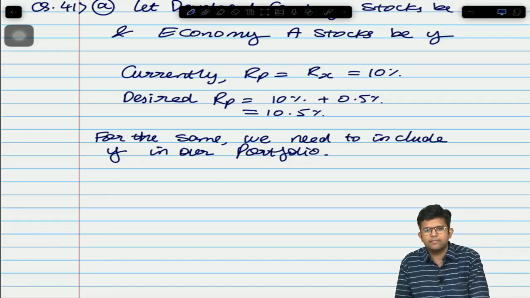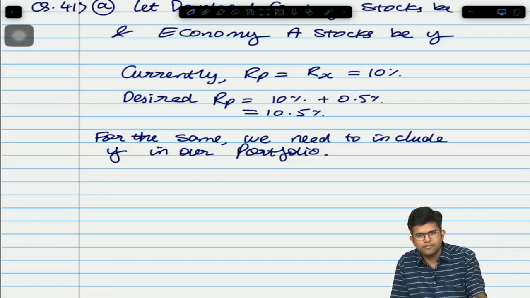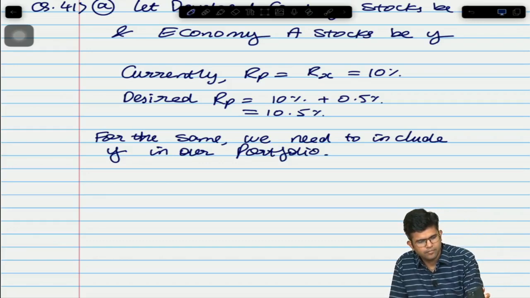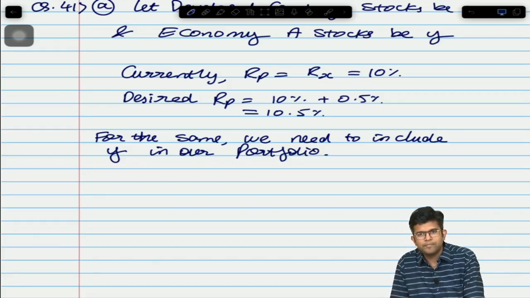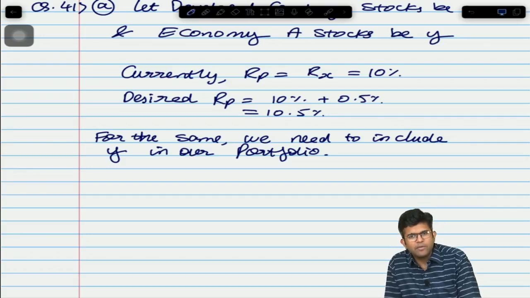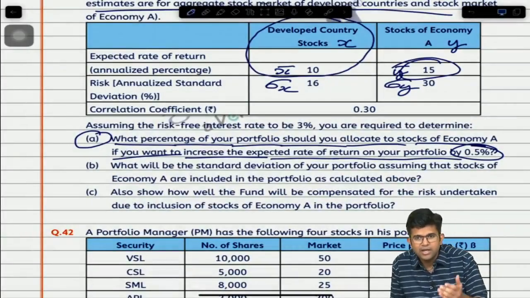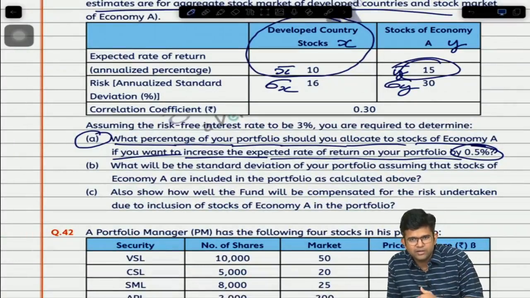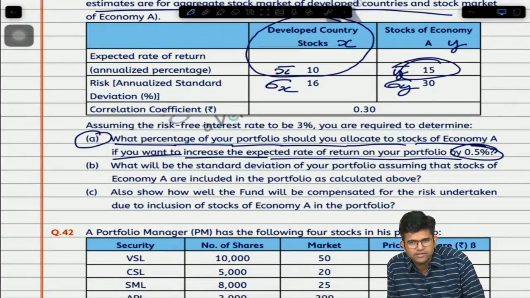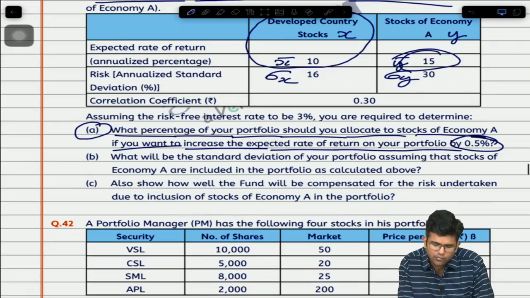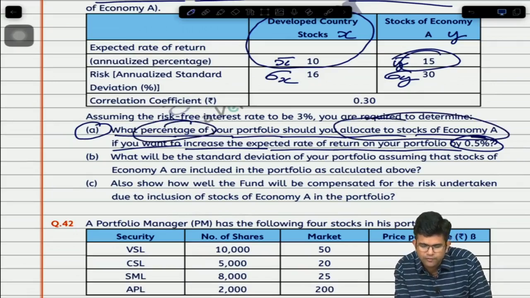Check this line. Because can I say my X is giving me only 10%. Can I say Y is giving 15? A little bit of Y we will have to bring in so that our overall portfolio gives 10.5. Everyone clear? That's what they're asking, at what percentage of your portfolio should you invest in Y?